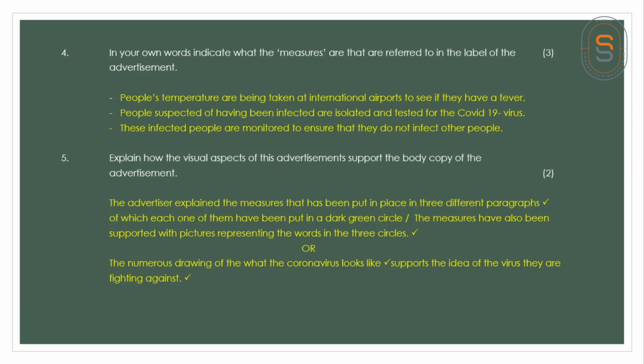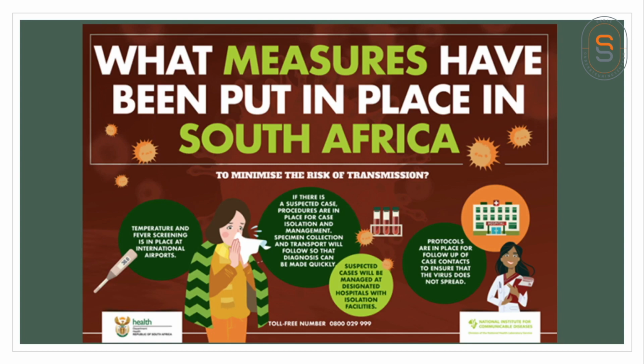All right, so the advertiser explained the measures that has been put in place in 3 different paragraphs, of which each one of them have been put in a dark green circle. The measures have also been supported with pictures representing the words in the 3 circles. So there's about the temperature and the fever, and there's the picture that fits with it on its left-hand side. And then your second paragraph is the middle circle and the woman that looks quite sick next to it.